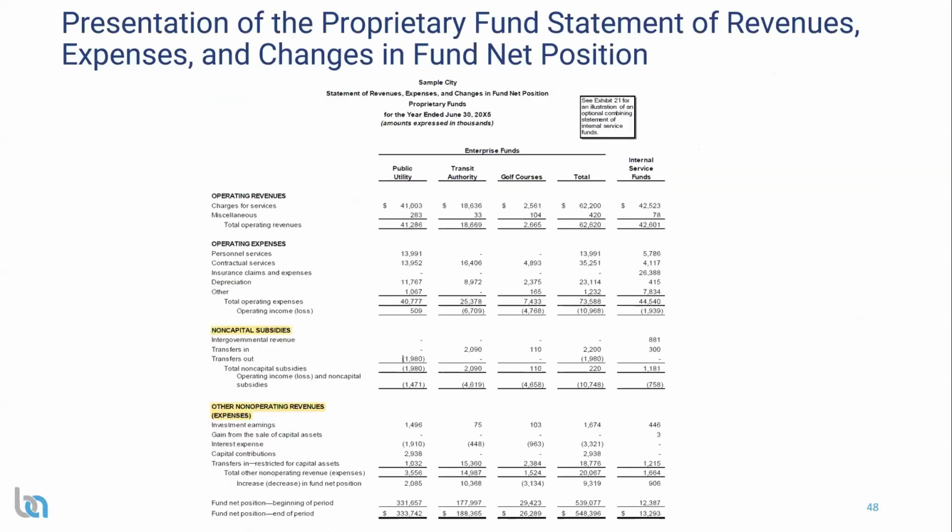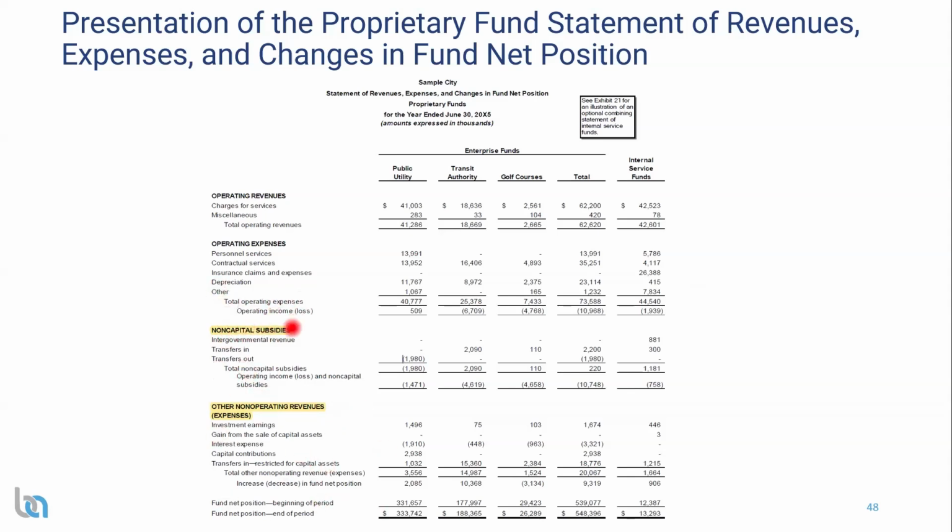All right, and then this is how your proprietary funds will look. Actually, you can add one more category here, the infrequent and unusual item, right after the non-operating and right before the change in net position. So these are the categories you can possibly have. You can see the non-capital subsidies. So now it sits here. Transfers used to be at the bottom.